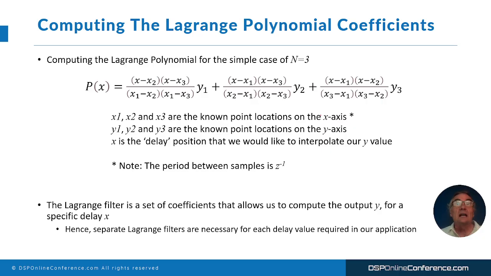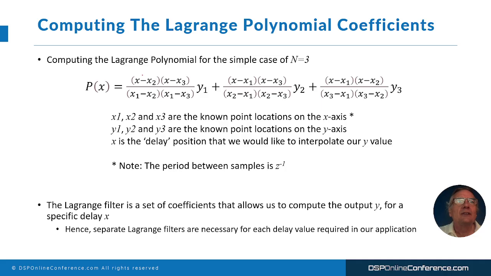Okay, so how do we compute the Lagrange polynomial coefficients? Well, here is a simple example for second order, i.e. the number of coefficients equals 3, and you can see how the interpolation of the values is computed using these three elements.